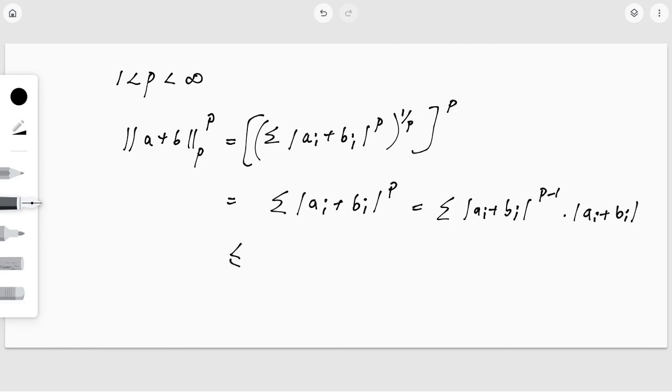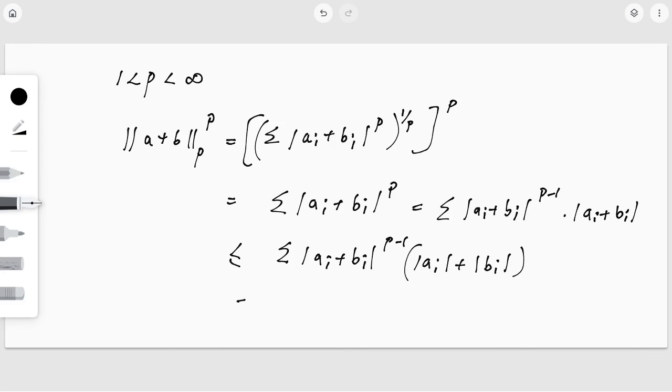Now using the triangular inequality, what do we get? We get summation mod ai plus, we apply the triangular inequality to this part and we get this as mod ai plus mod bi. Now opening the brackets, what do we get?